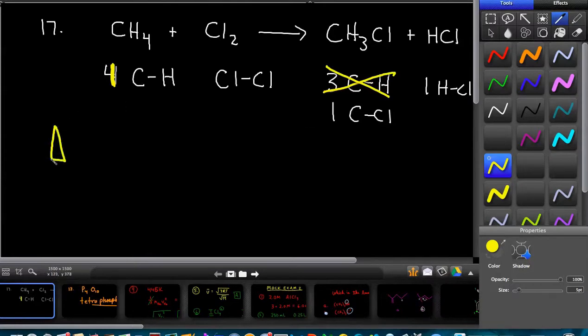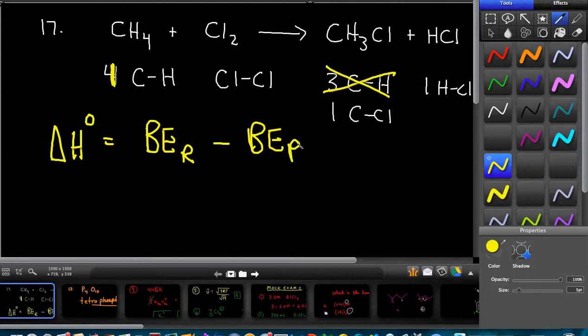So the delta H in this regard, this is the third form of Hess's law, is equal to the bond energy of the reactants minus the bond energy of the products. The idea is, when we look at the cost of the reaction, how much energy does it cost to break it, and we subtract what we get back, if we get stronger bonds in products than reactants, it's exothermic and should have a negative delta H. And so a C-H bond from the data table is 104.